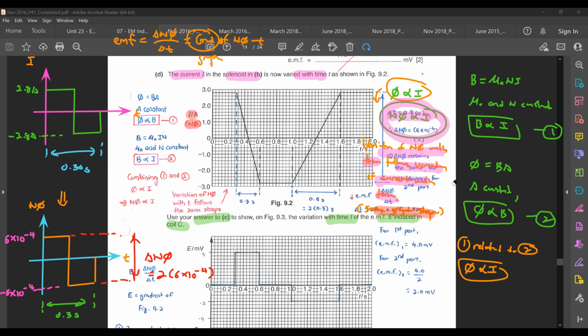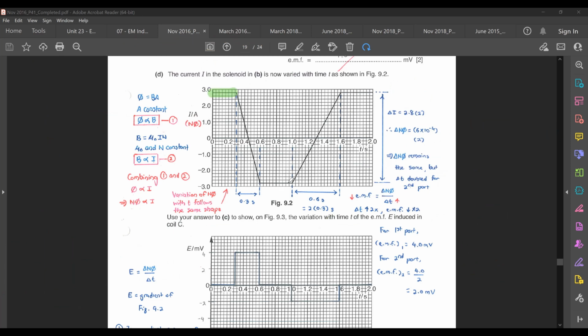If in your exam you are short on time, you actually don't need to do all of this. You just remember it's always the gradient. Like here, there are a few sections that are of interest to me. This section, and this section, you can really say the gradient is 0, so EMF is 0 for these sections here in green.